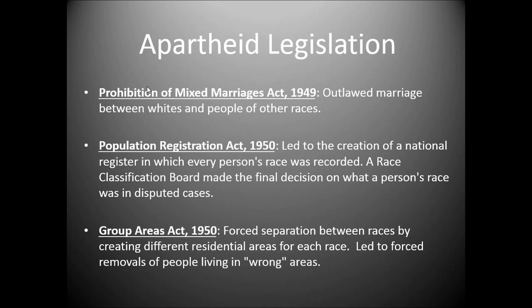The difference between the two is that a township was generally located in an area of a major city, because they recognized that we need non-whites to work manual labor jobs and low-paying jobs, so you're going to need some living in proximity. And then homelands were areas generally in more rural areas.